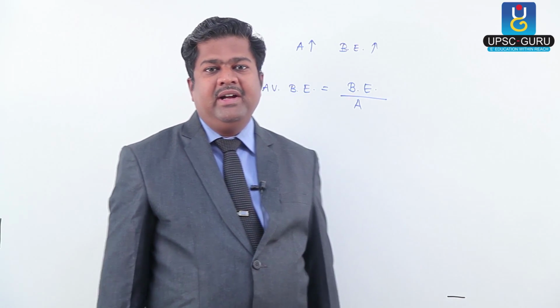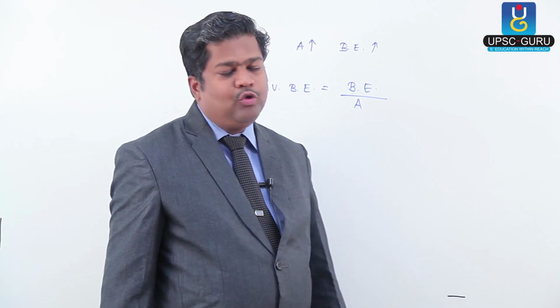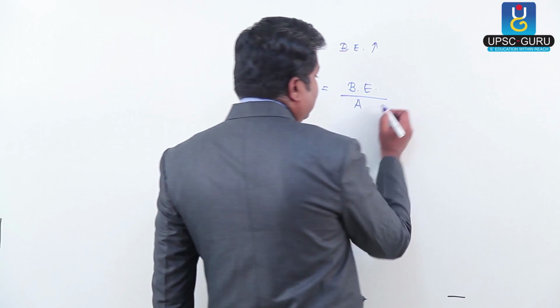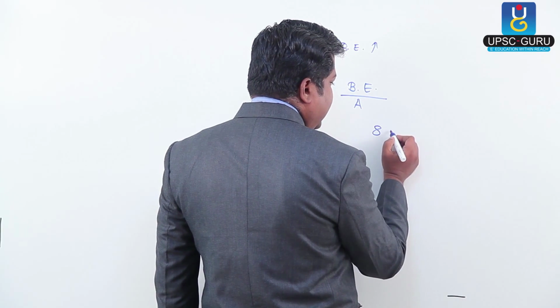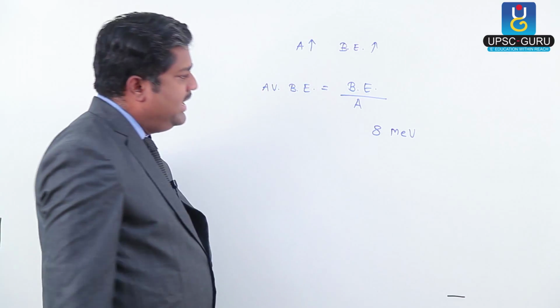Now here scientists consider an important figure again, that is 8. Why? I don't know. But magically we are considering that average binding energy should be in the range of 8 million electron volt.